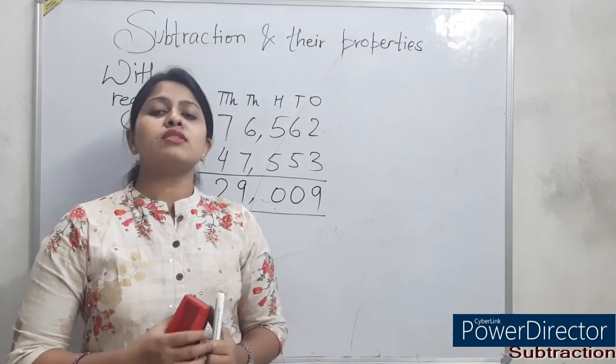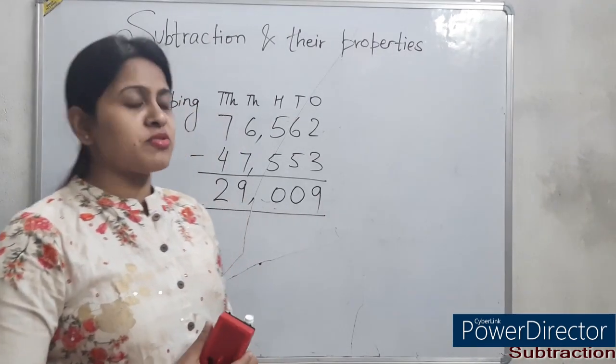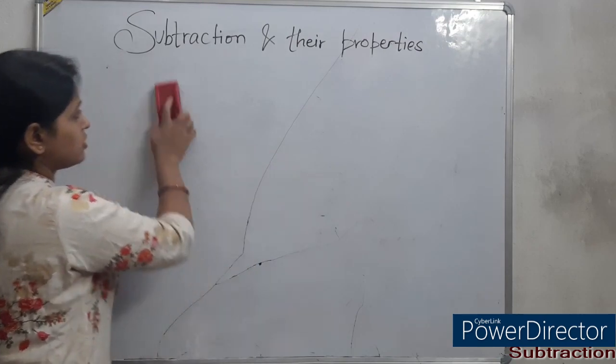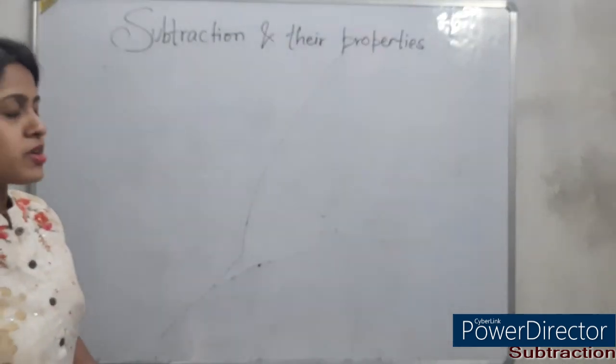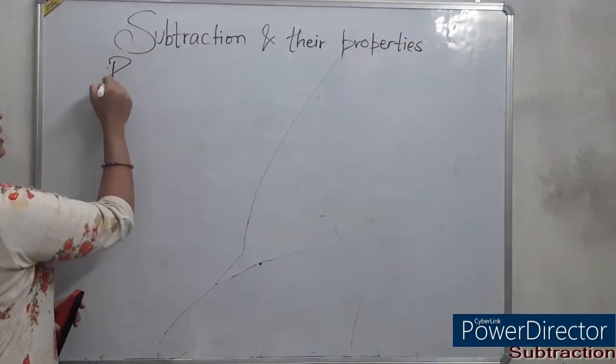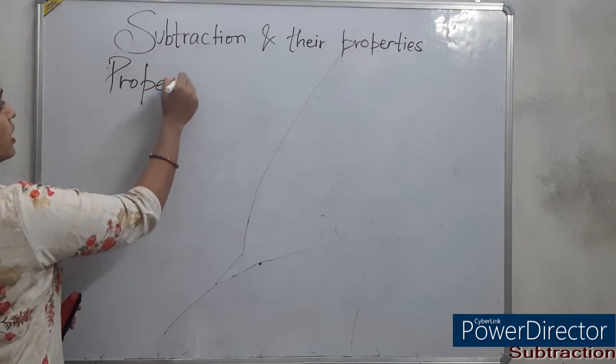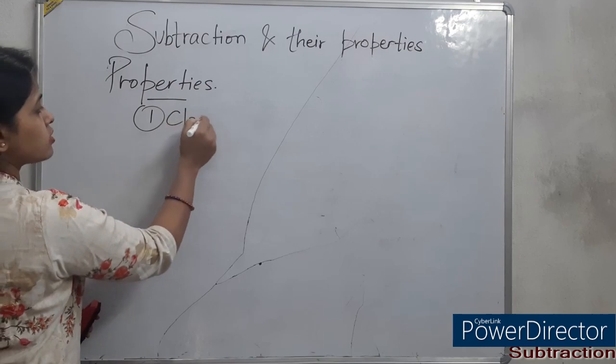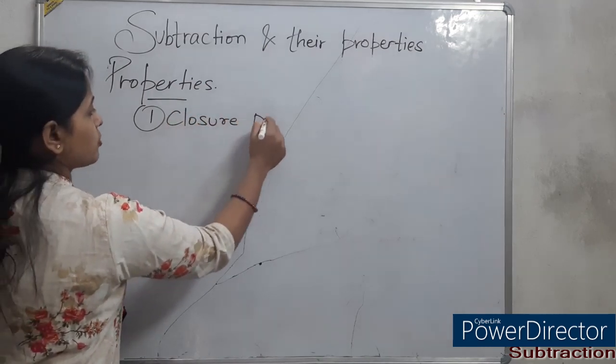Now let's talk about the properties of subtraction. The first property is here also the closure property.